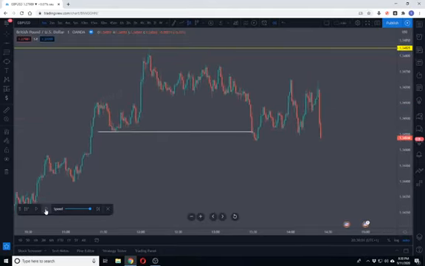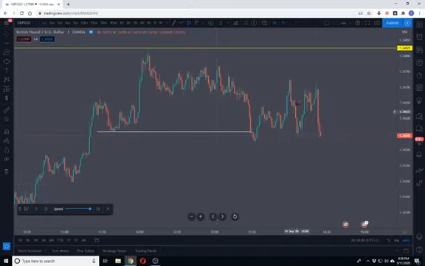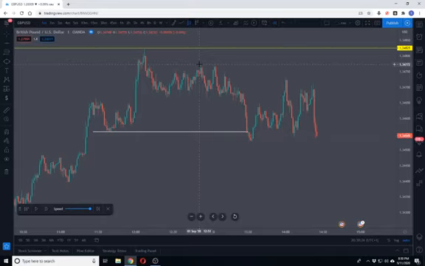And again, ideally what I want is for price to move up above some type of liquidity and then move in the opposite direction, break structure in the opposite direction. And so ideally I'd love for price to make it all the way up here, because we've got equal highs that need to be taken out, and then we've got a little bit of inefficiency right there. Let's mark it up.